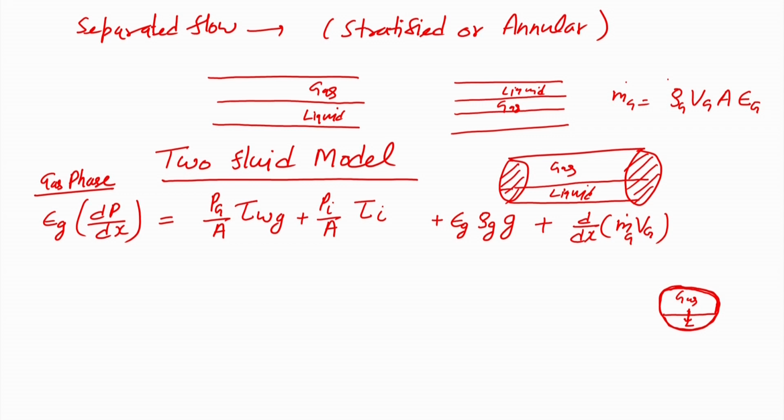So, interface is between the gas and liquid. So, this is the frictional term, this is gravitational because of the gravity, and this is due to the acceleration.